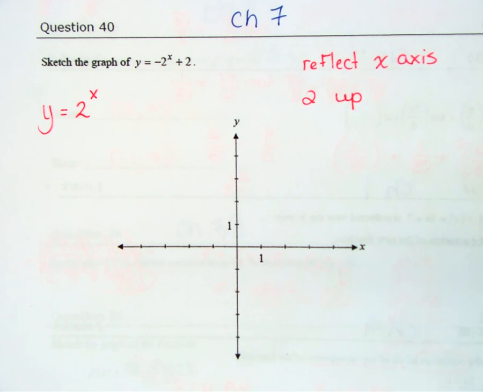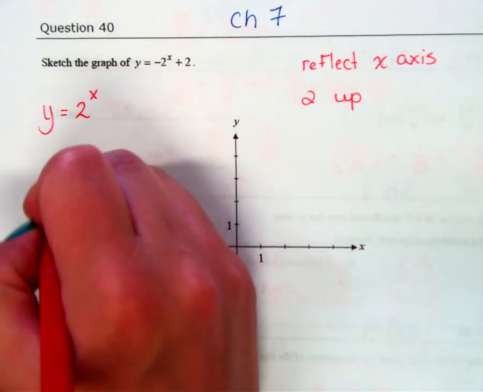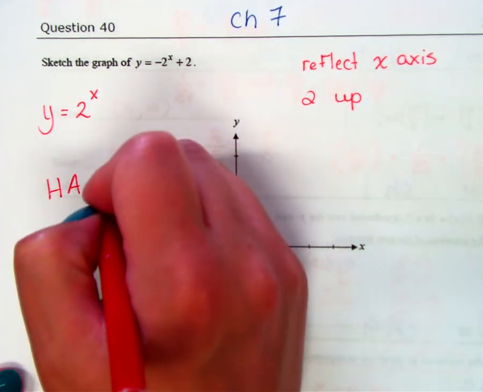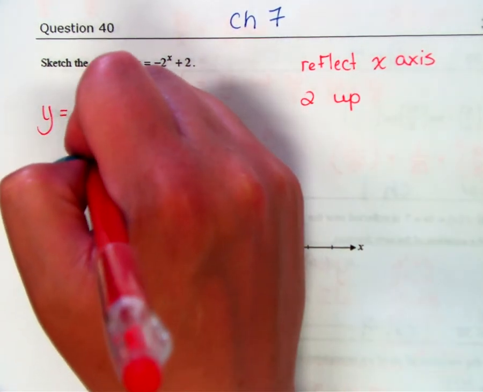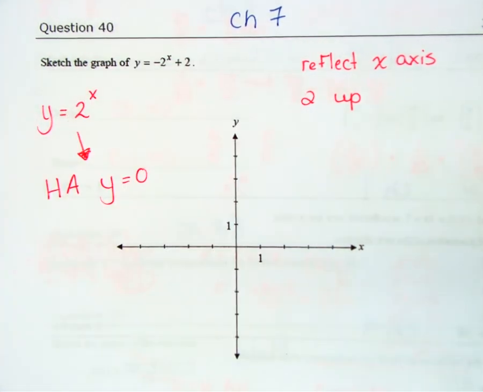So this is an exponential graph. So do you guys remember the shape? Do you guys remember where your asymptotes are? So you guys are going to have a horizontal asymptote at y equals 0 on this graph here. So you know that exponential graphs have horizontal asymptotes.